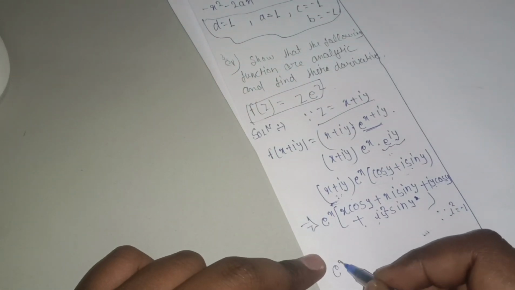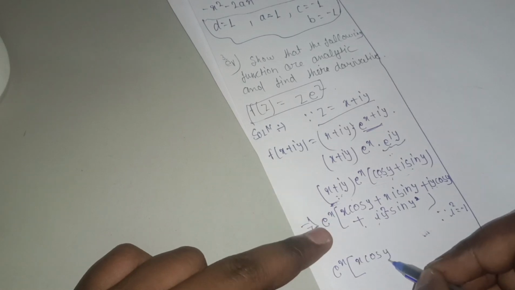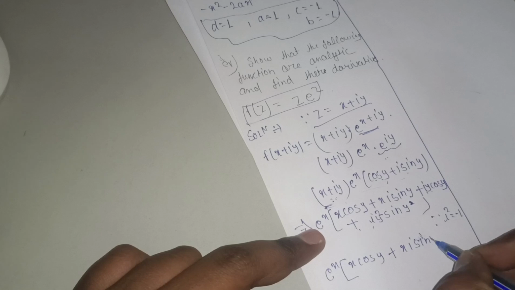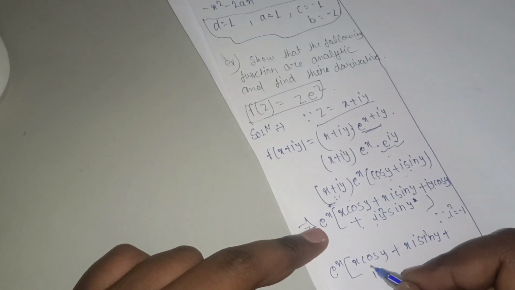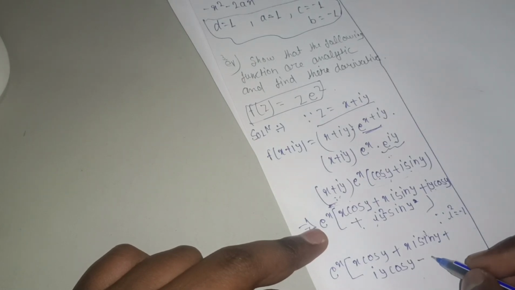So e to the power x, cos y plus x iota sin y plus iota y cos y minus y sin y.